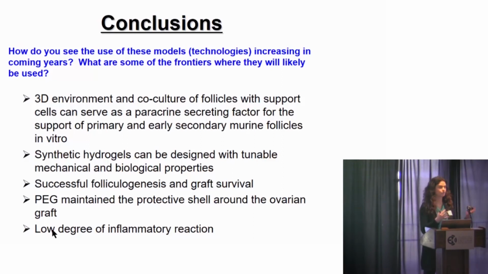Mechanically, you can control the stiffness and the degradation kinetics, and biologically, you can decide what kind of cells you want to use and direct the environment for those cells. Successful folliculogenesis and graft survival, I've demonstrated to you using PEG hydrogels, and the PEG hydrogel can maintain the protective shell and also support folliculogenesis in the core, and then we also saw a low degree of inflammatory reaction.